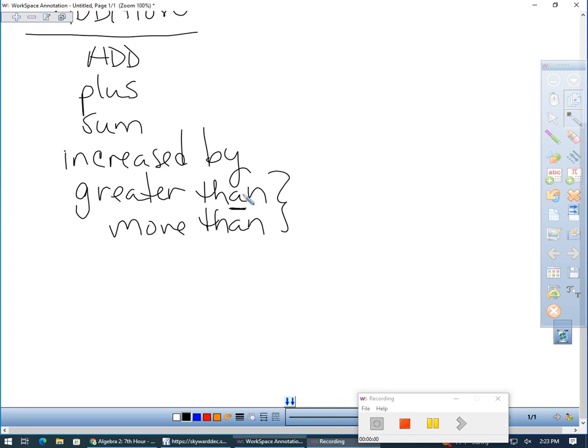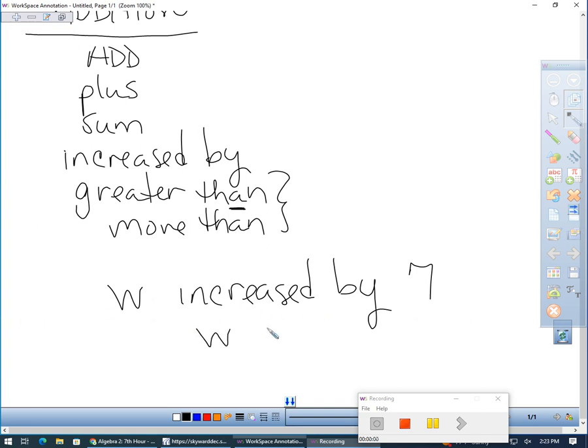All right? So, for example, if I was to say W increased by 7. That is in the order you write it. So I have W increased by means to add it, and then 7. That goes in that exact order.